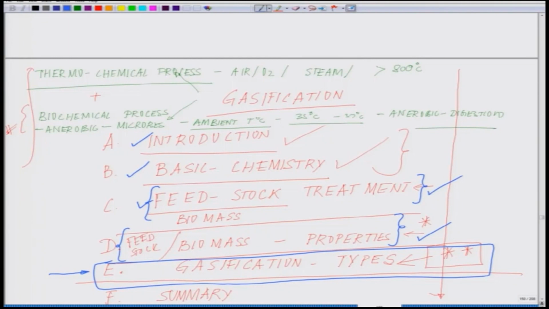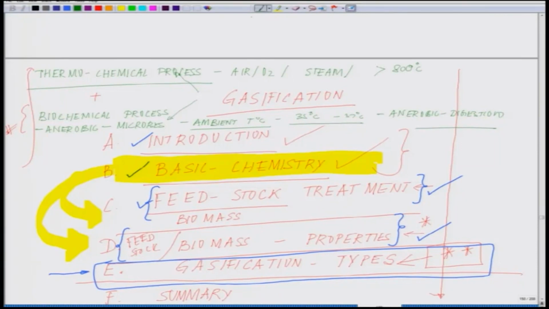But what I wanted to highlight today is, please go through this part very carefully. This is very important, the basic chemistry. You should understand the basic chemistry, as I was mentioning a number of times today. If you understand the basic chemistry right, then it will be very easy to correlate these two aspects, that is, how the reaction is going to happen.